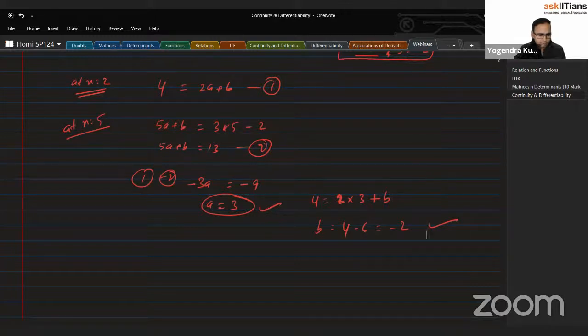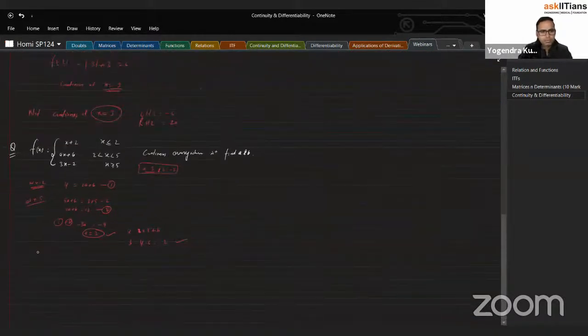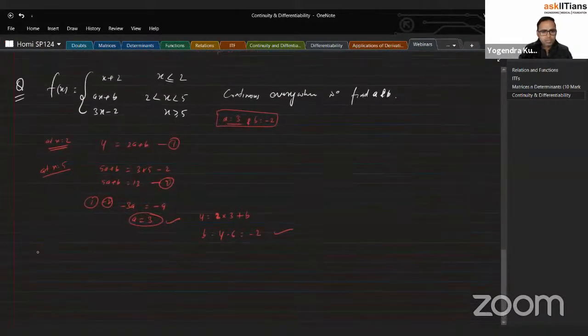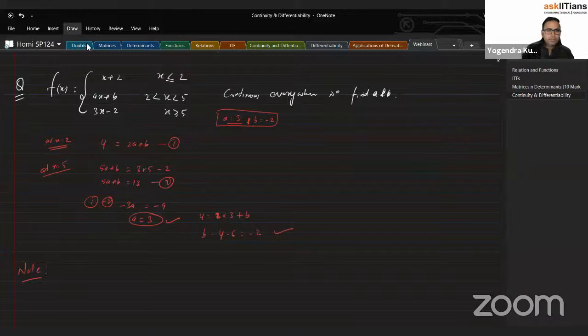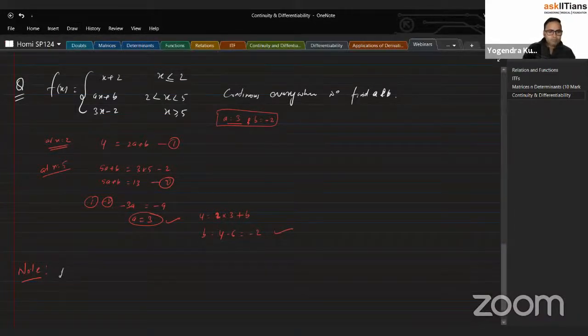These kinds of questions will be there. You can note down these points. Suppose there is a function which is not defined at a point. Will it be continuous? No, right?